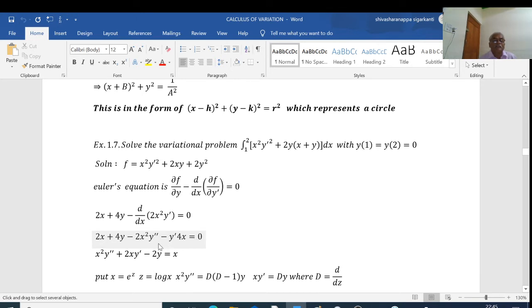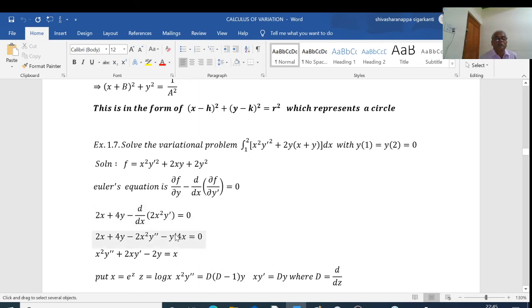So I can divide this equation throughout by 2. This will become x, this will become 2y, this will become x square y double dash, this will become 2xy dash. After dividing by 2, I am getting minus x square y double dash. Writing on the right hand side, we get x square y double dash.